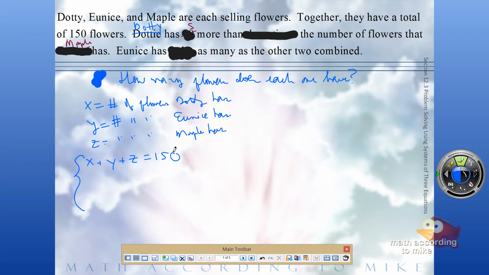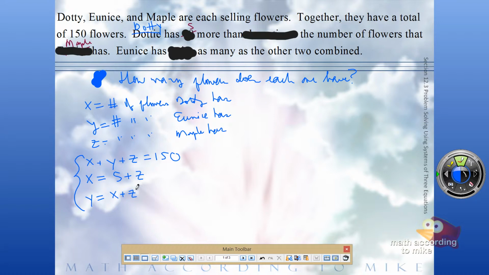Let's deconstruct that. So Dottie has, meaning the number of flowers Dottie has, X, is 5 more than what Maple has. Lastly, Eunice has, that means so far Y equals, as many as the other two combined. Well, the other two combined would be X plus Z.